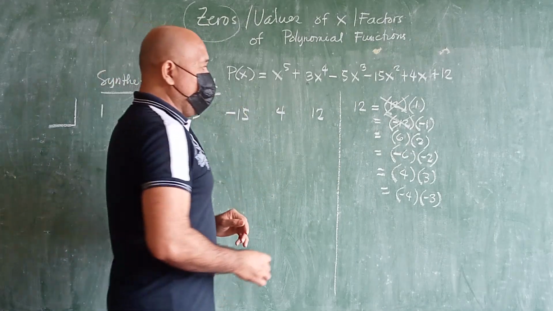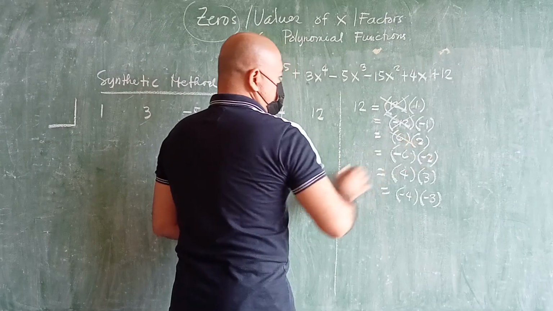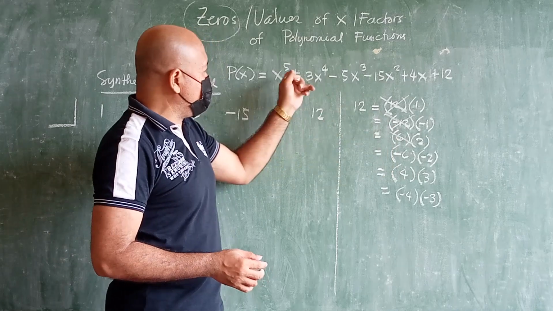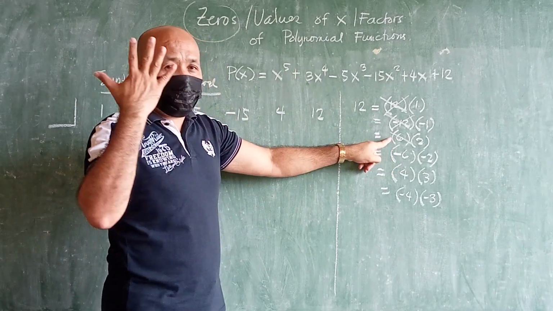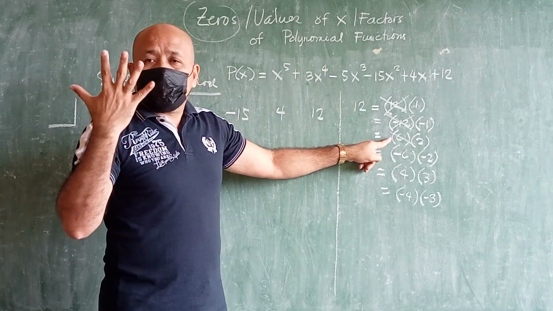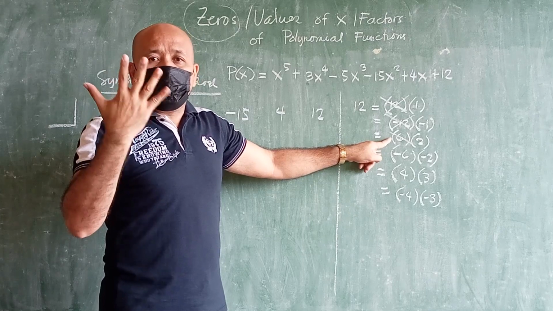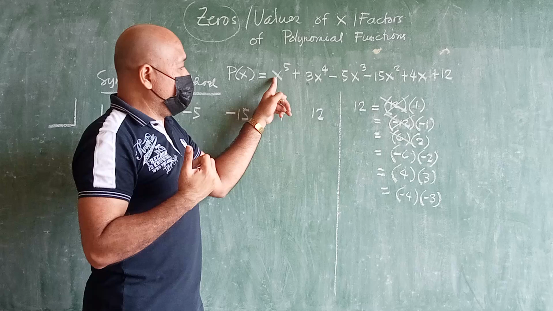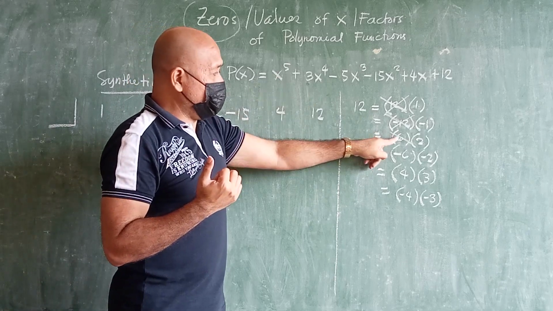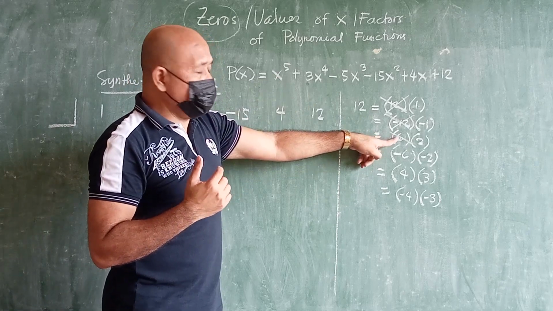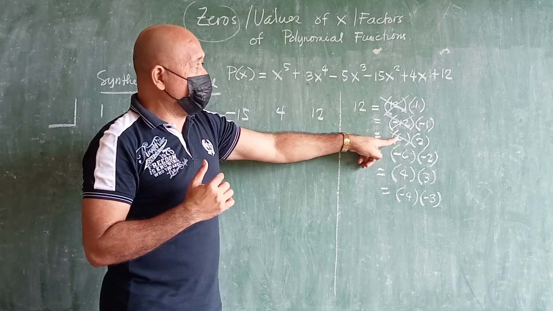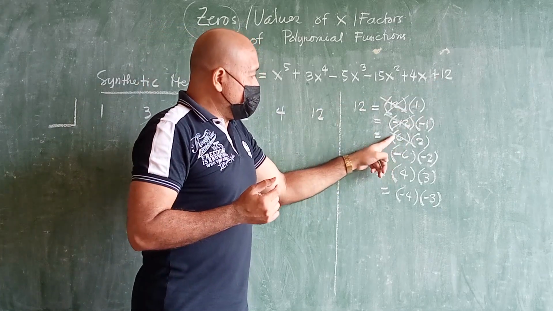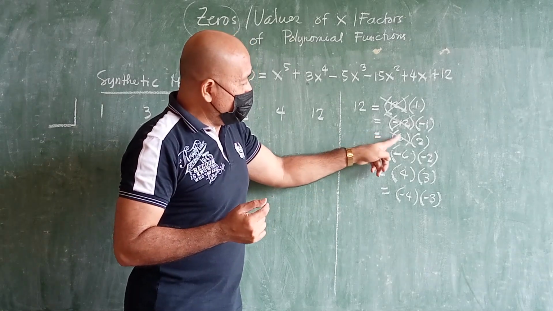Next, if you would consider 6 as among the values of x, again, there are 5 values of x that you need to determine because the degree is 5. If you would consider 6 as one of the values here, that means that for you to get the product, 6, you only have to multiply that one with 2.